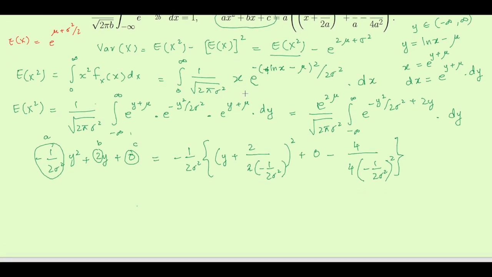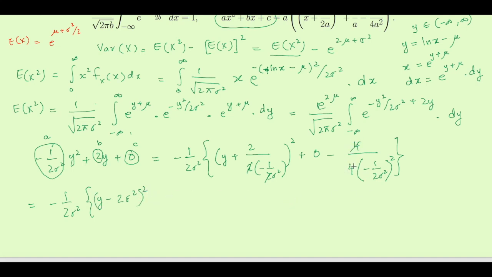So what is this guy? This goes with this, and I have a minus 1 over sigma squared. So I can say y minus 2 sigma squared. So I can just copy this guy: y minus 2 sigma squared, plus 0 goes.